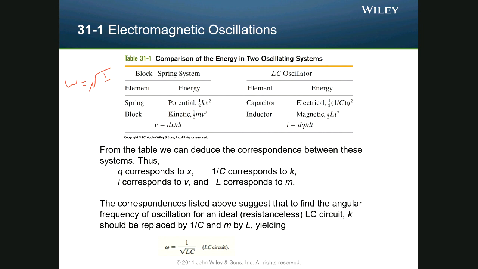Yeah, k over m. Okay, that looks better. So now if we plug in, if k is equal to 1 over C, that'll give us 1 over C. And then m is in the denominator, so we have L. You'll notice that this indicates that the angular frequency of our oscillator is just what they write here, the square root of 1 over LC.